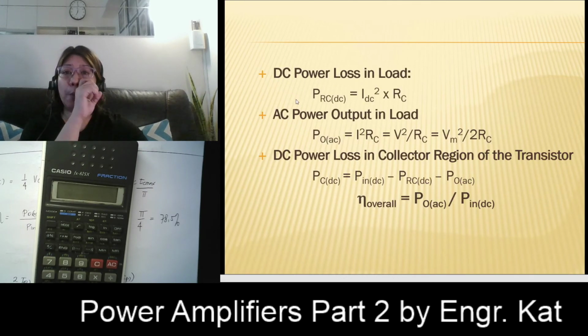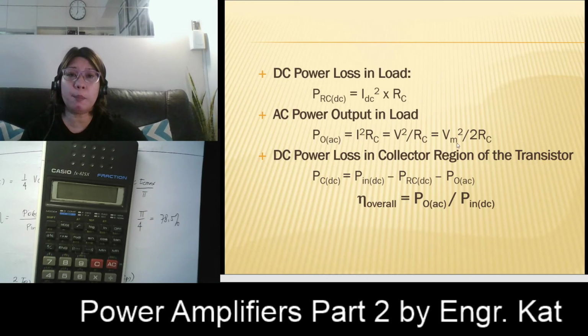So the DC power loss in the load is your PRDC, still in DC. So we have your IDC squared multiplied by RC. And the AC power developed across the load, this is what we wanted, to convert the DC into AC. So your POAC is equivalent to I squared RC, or V squared over RC if these are RMS values.